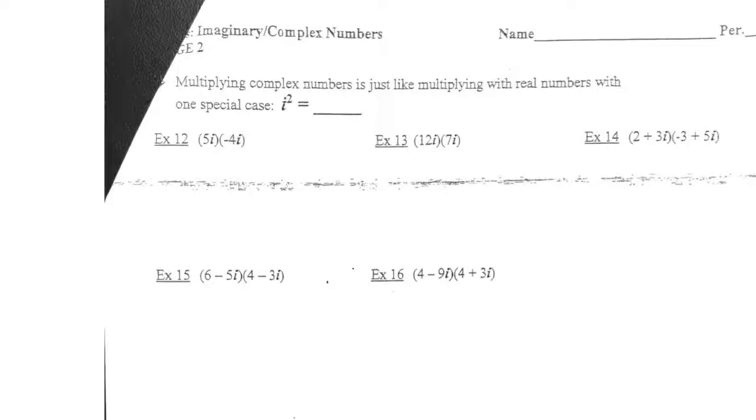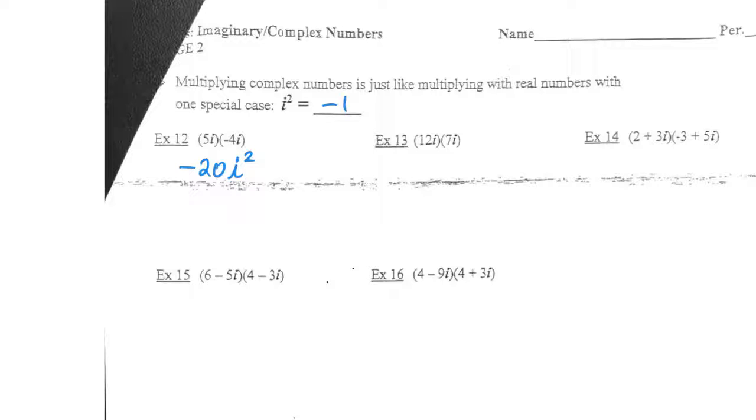these problems. If we take a look at the top of our notes, multiplying complex numbers is just like multiplying with real numbers with one special case, that i squared is equal to negative 1. So take a look at example 12, where we have 5i times negative 4i. So the 5 times negative 4 is negative 20, and we have an i times i, that is an i squared, right?